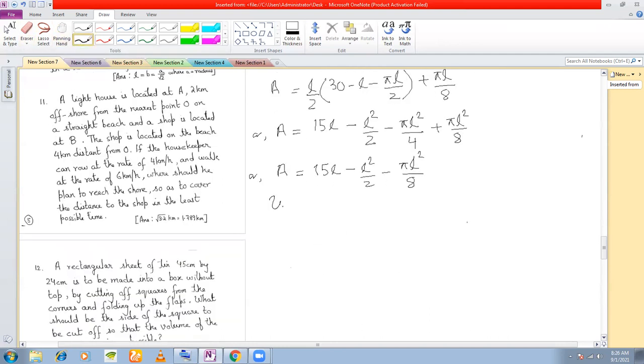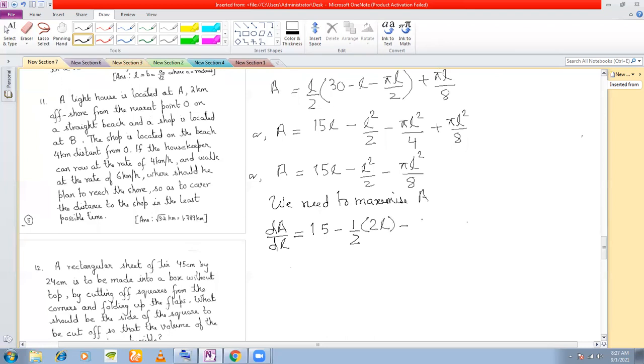So we need to maximize A. How do you maximize A? First find out the first derivative, dA/dL. dA/dL is 15 minus L square by 2, take half out, d/dL of L square is 2L.